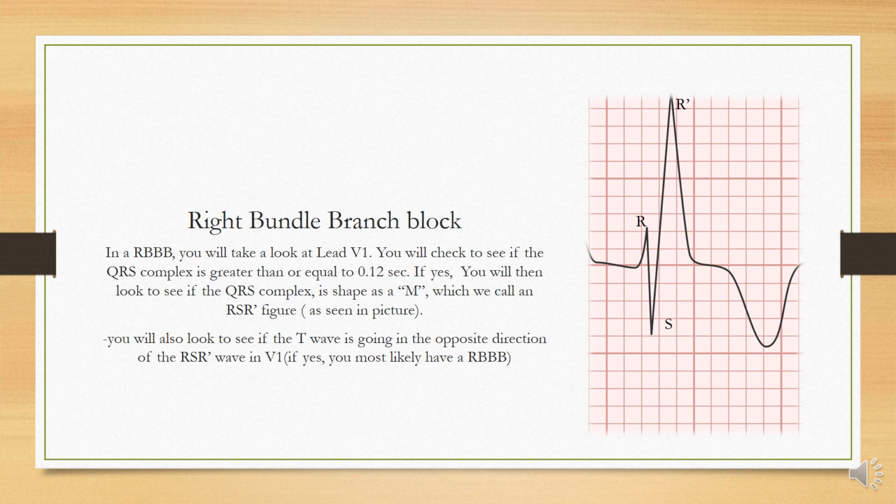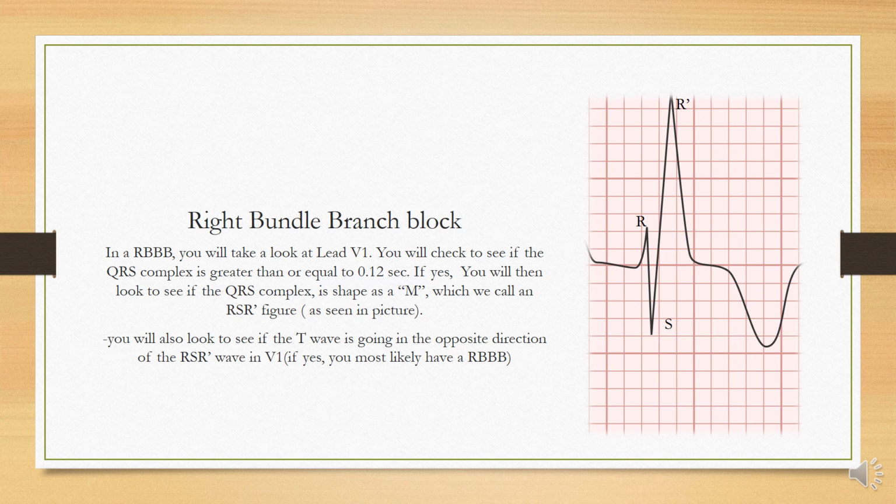So we're going to first measure to see if our QRS complex is greater than or equal to 0.12 seconds. If it is, we're going to take a look at the shape of the QRS complex to see if it makes the letter M, or what we call rabbit ears or antennae.